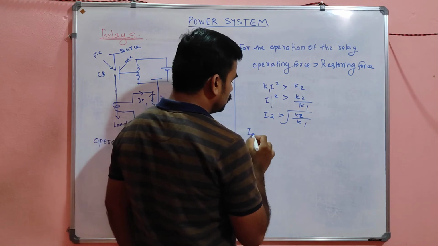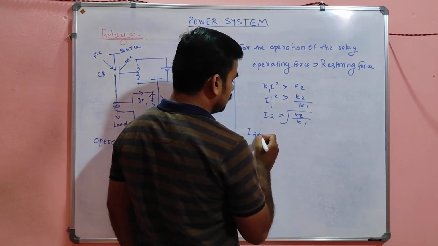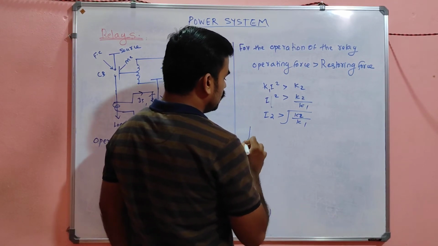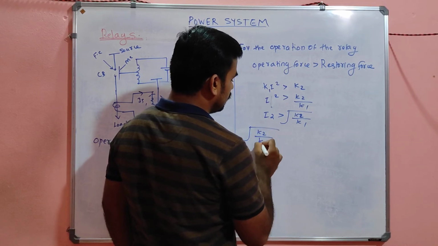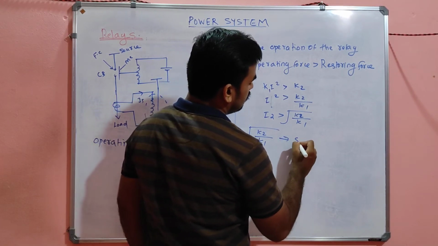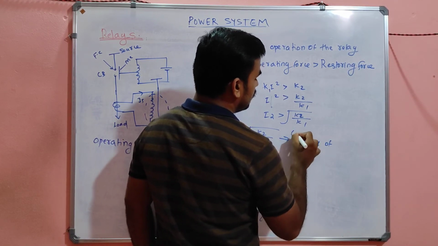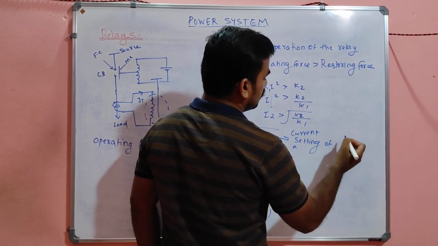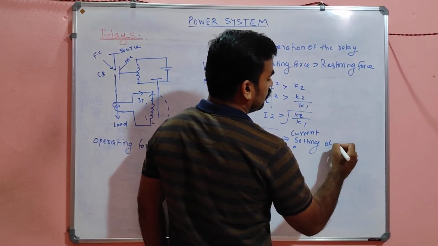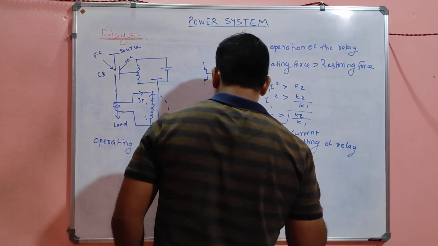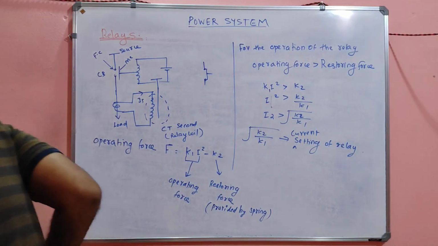This I2, or simply root of K2 by K1, is called the setting of relay, or simply current setting. Current setting of relay. It is called what, my dears?